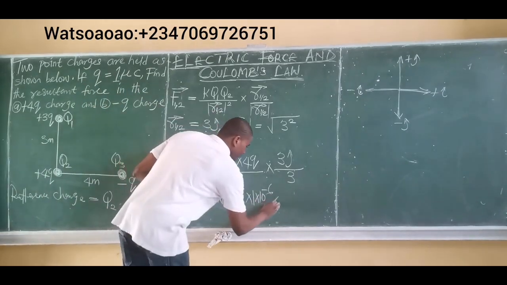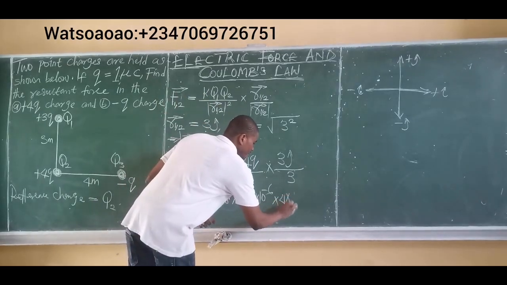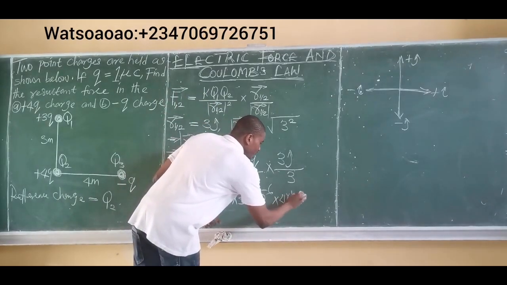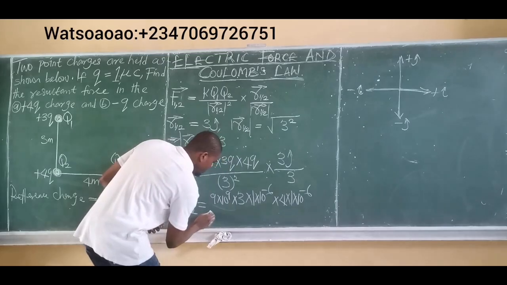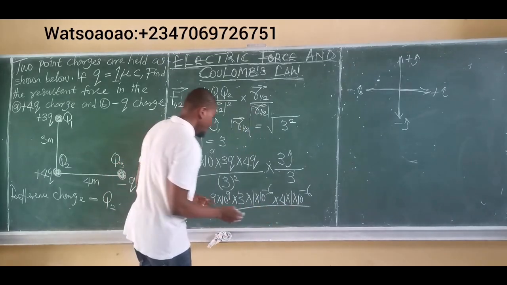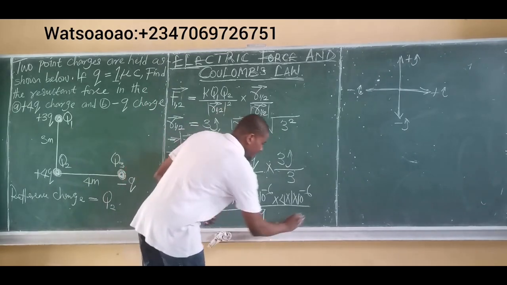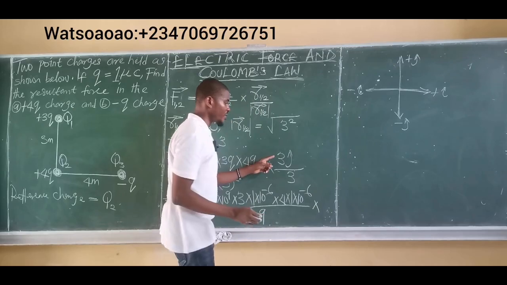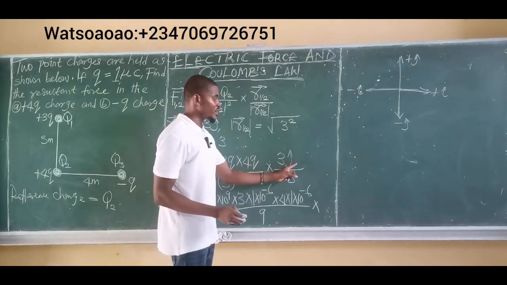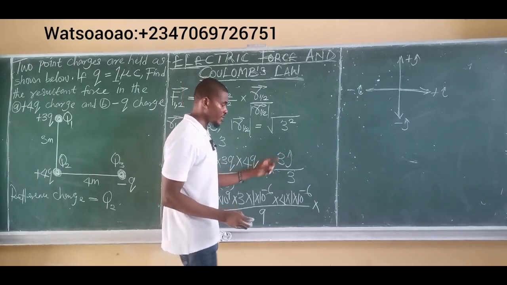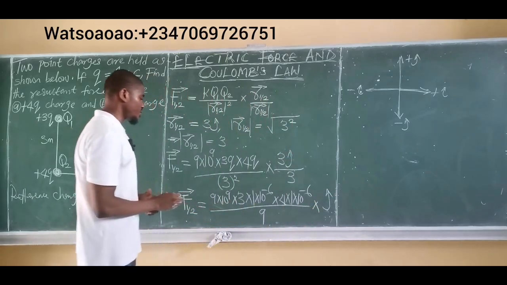Multiply by 4Q, which becomes 4 times 1 times 10 to the power of negative 6. The whole of this divides by 3 squared, which gives us 9. This is multiplied by the unit vector. 3 divided by 3 is 1, so I am left simply with j for the unit vector.